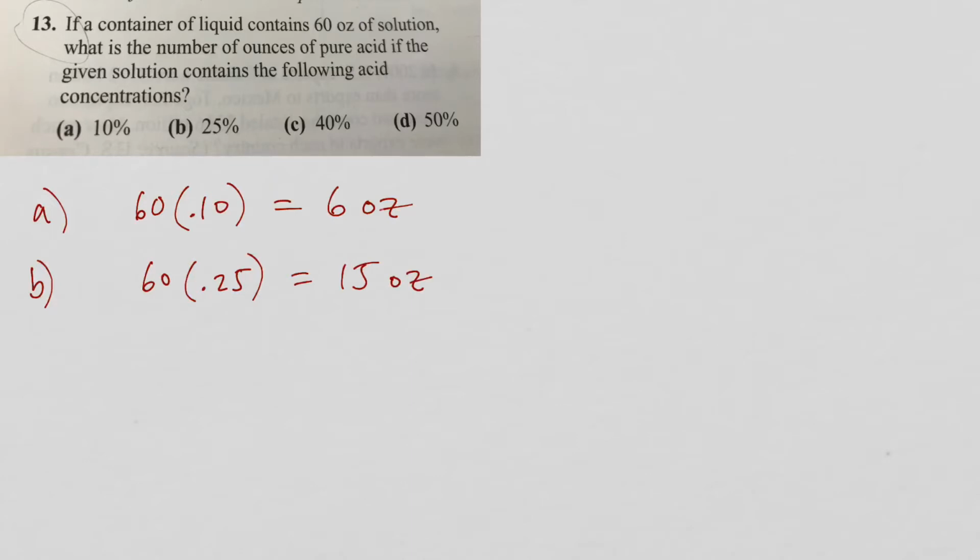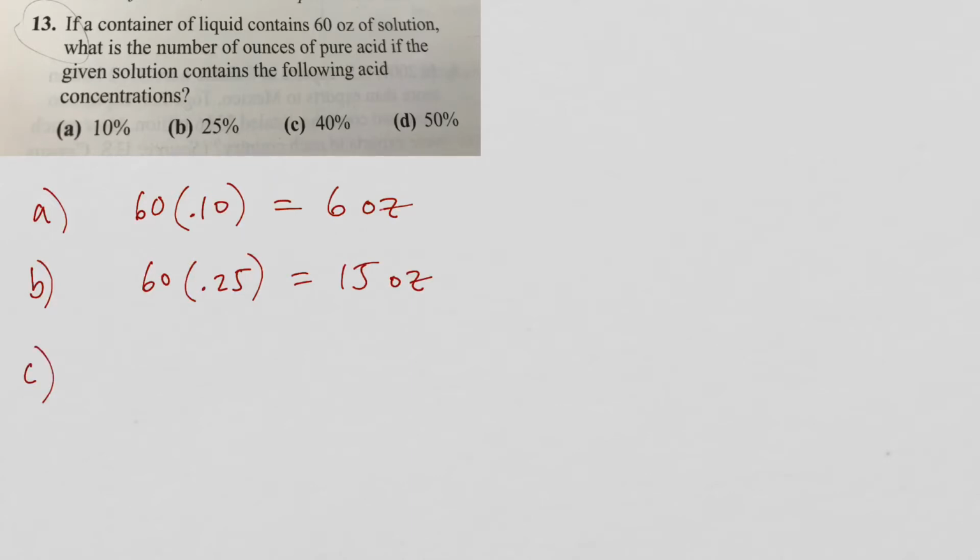Okay, part A. 60 ounces of solution at 10% is 6 ounces of pure acid. Part B, 60 ounces of liquid at 25% is 15 ounces of pure acid.